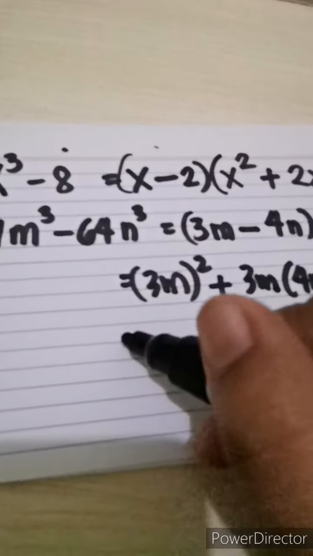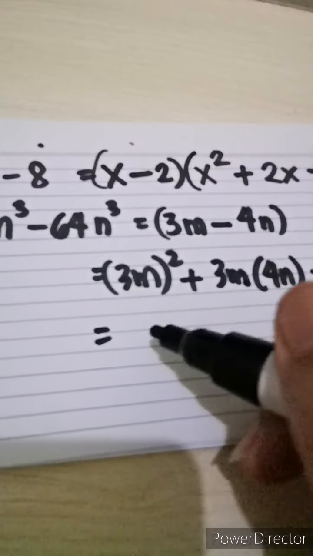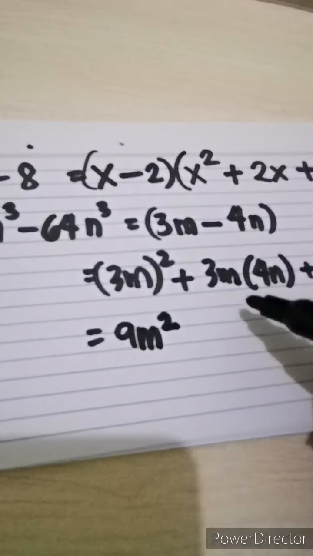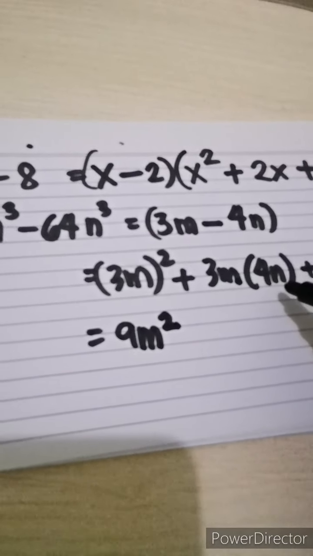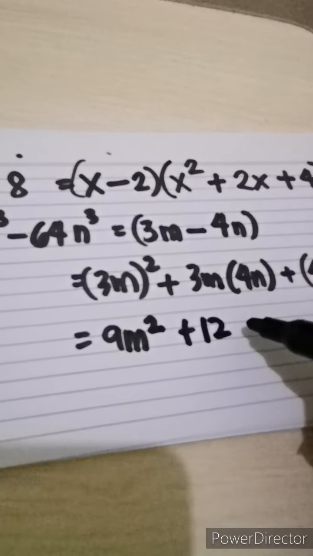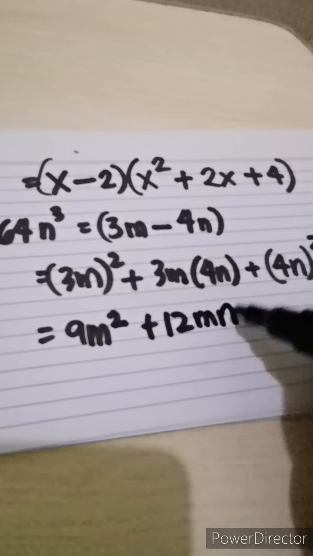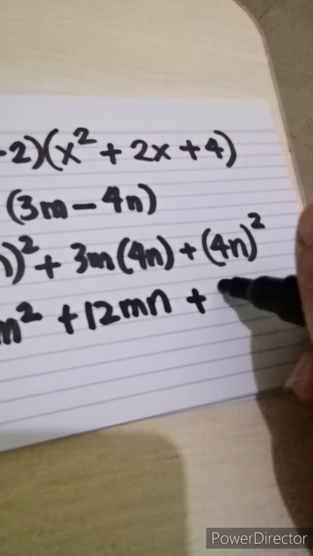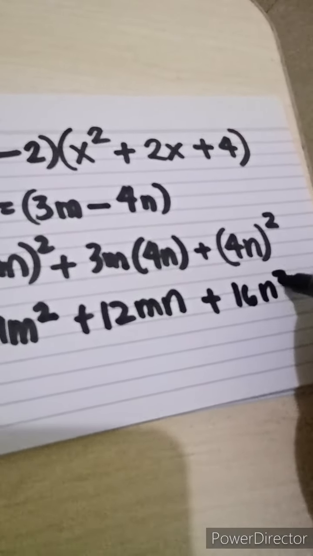Okay. So, simplifying, we have 3m squared is 9m squared. Then, 3m times 4n is plus 12mn, and the last one is squared, the 4n is 16n squared.